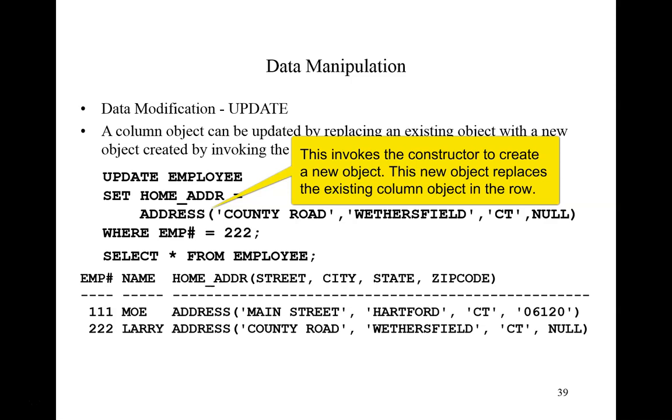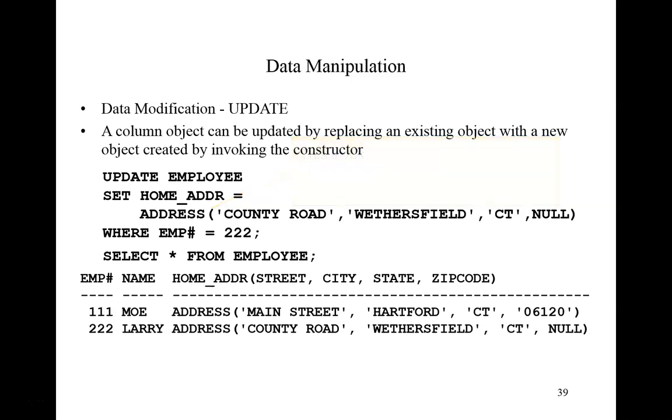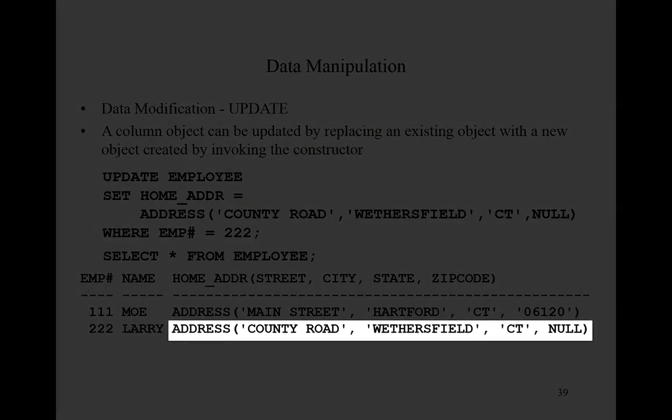So here we're invoking the constructor to create a new object and effectively overlaying the existing object with this newly instantiated object. Then when we query the employee table, employee number 222 has a different value for its home address than it had previously.